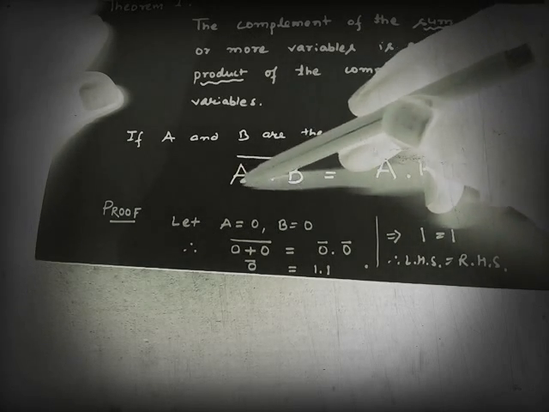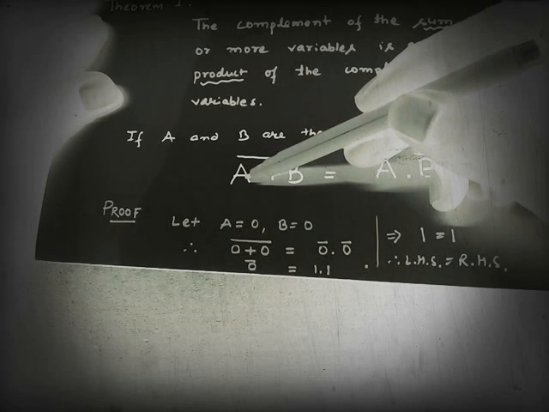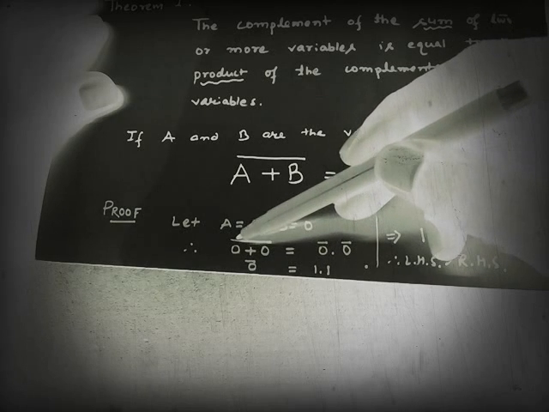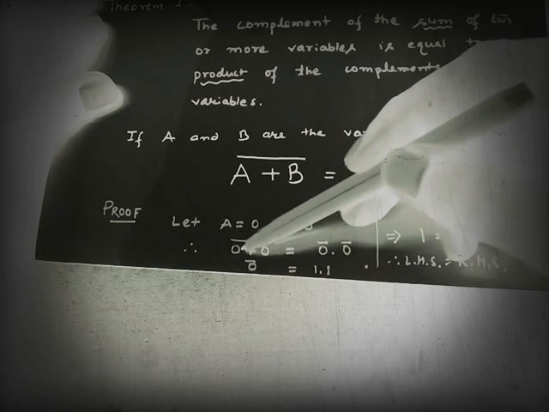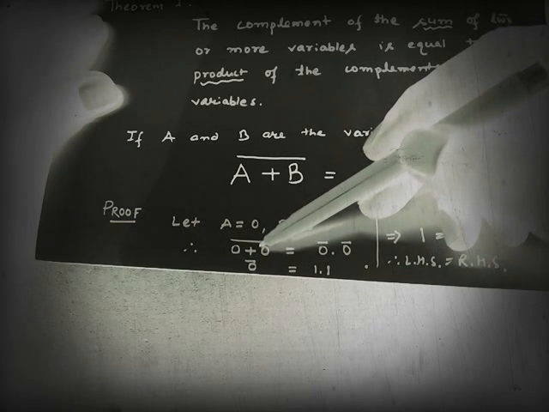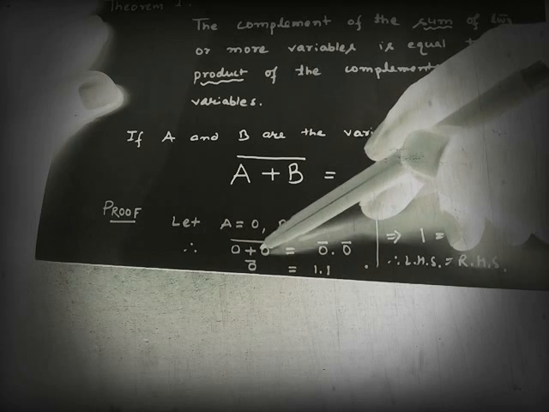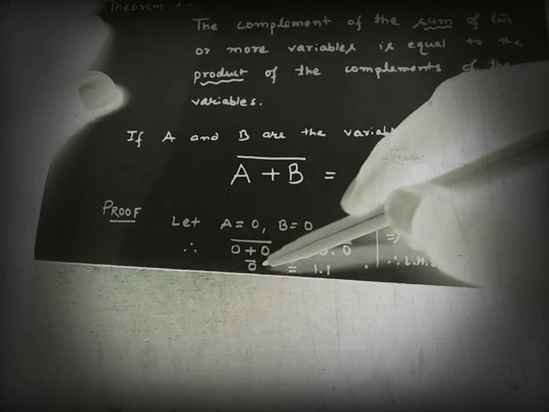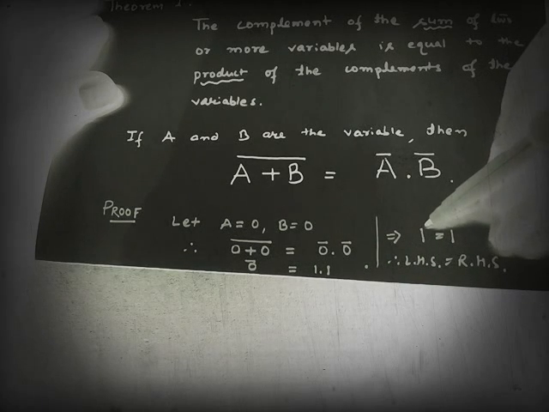So I am putting the value of A as 0 and B also 0, so 0 plus 0, with a complement sign just above. 0 plus 0 is 0. This is the binary addition law: 0 plus 0 is equal to 0, and the complement of 0 becomes 1.